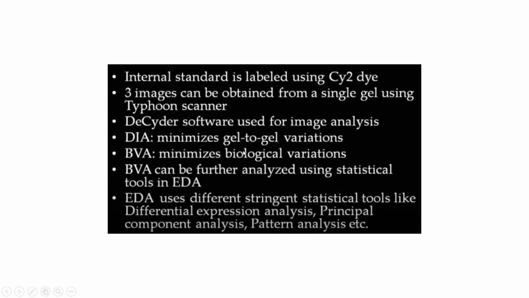So depending upon your need, what your aim and objectives are, depending upon the experiment, you can accordingly choose DIA or BVA. BVA can be further analyzed using statistical tools in EDA. So EDA is also a software. It uses stringent statistical tools like differential expression analysis, principal component analysis, pattern analysis, etc.